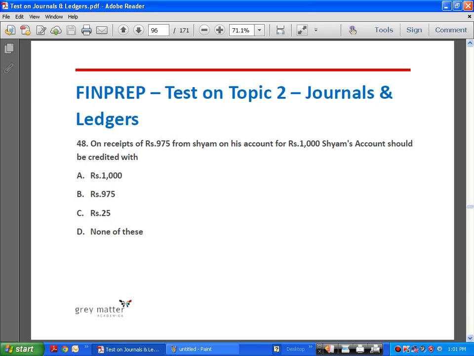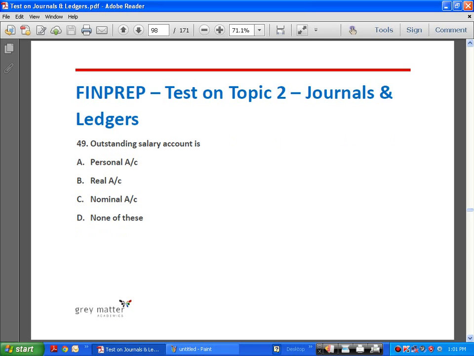On his account means it is not full settlement. 25 rupees is still receivable from Shyam. So Shyam is the giver, so we will credit Shyam with 975 and we will debit cash with 975. So the accounting entry to record this transaction is cash account debit to Shyam 975. 25 rupees will be the balance in Shyam's account, which is receivable by the business later.